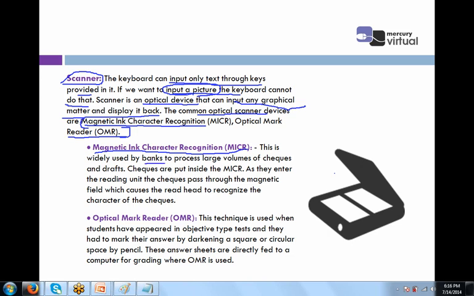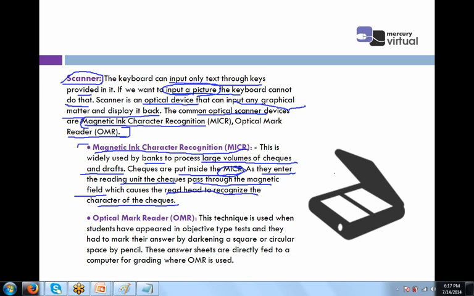As I told you, these are used by the banks to process a large volume of checks and DDs, that is, demand drafts. Checks are put inside the MICR, which is a device. As they enter the reading unit, the check passes through a magnetic field, which causes the read head to recognize the characters of the check, what the digits are, what the number of the check is.